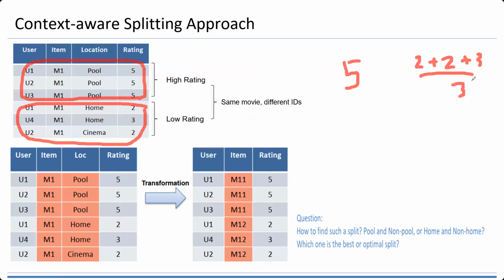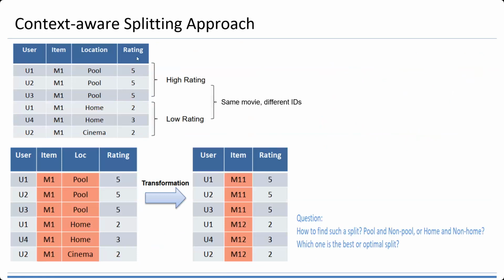Okay, 7 divided by 3, then it's like 2.3. Then we can do the significant test. 5, is it equal to 2.3? With the statistical test, we know that this is not equal, then we can use the splitting. We can use the full or non-full.